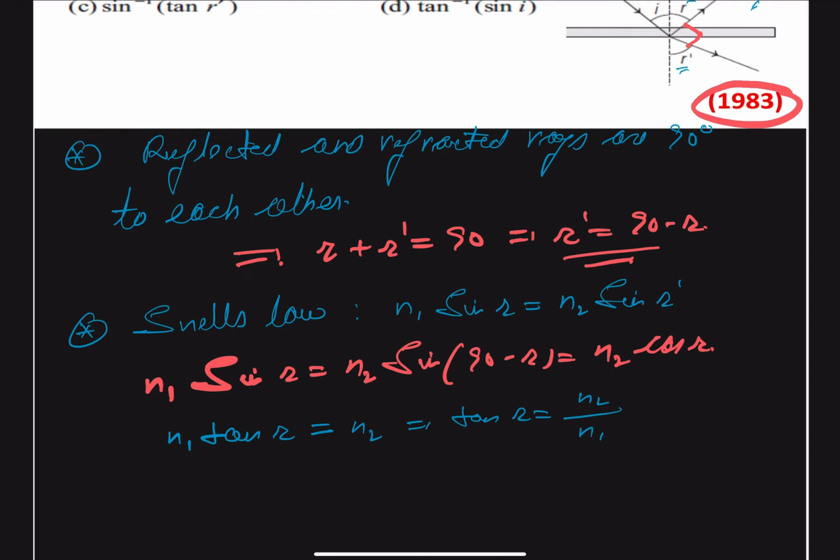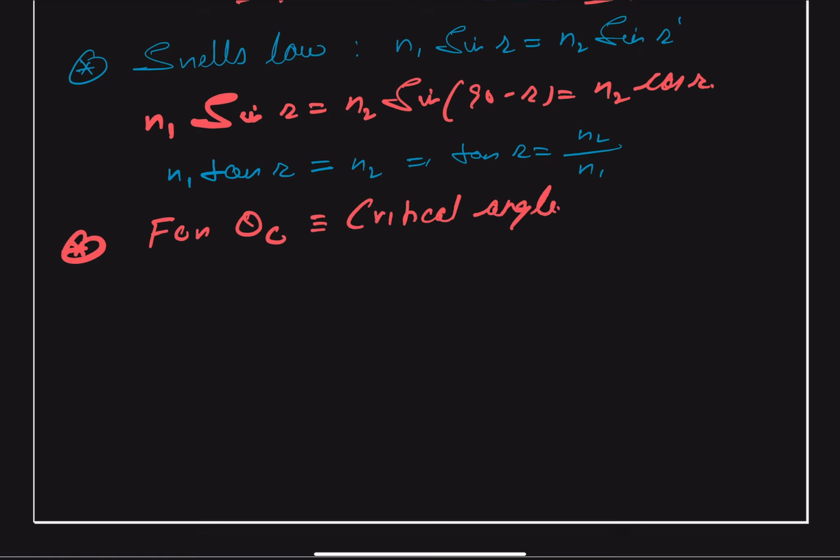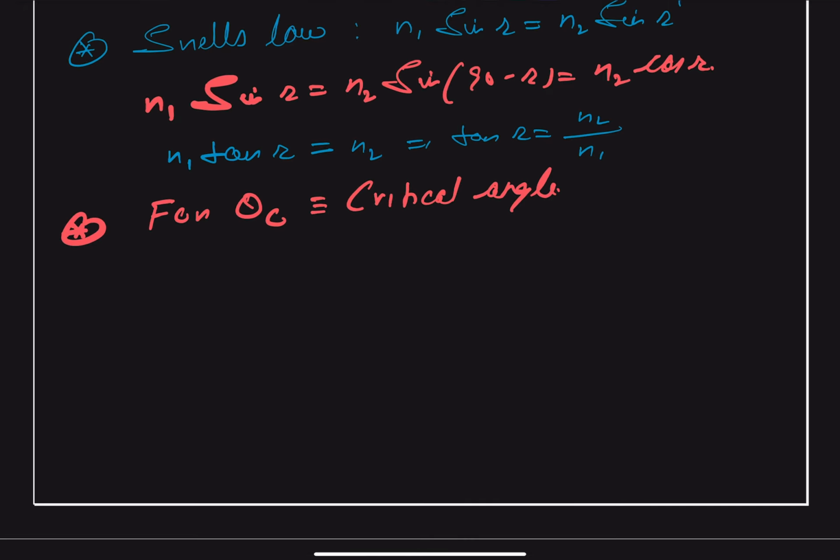We have to find out the critical angle, and we know that for theta c as our critical angle, sine of theta c should be equal to n2 upon n1, and n2 upon n1 is nothing but tangent of r.